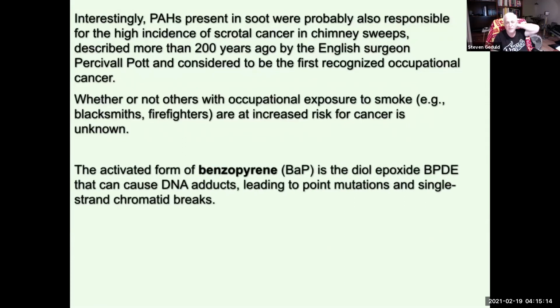The activated form of benzopyrene is the diol epoxide BPDE, and it causes DNA adducts, leading to point mutations and single-strand chromatid breaks. We will study those in chapter 21, I believe it is: the different types of point mutations and single-strand chromatid breaks that these benzopyrenes can cause.